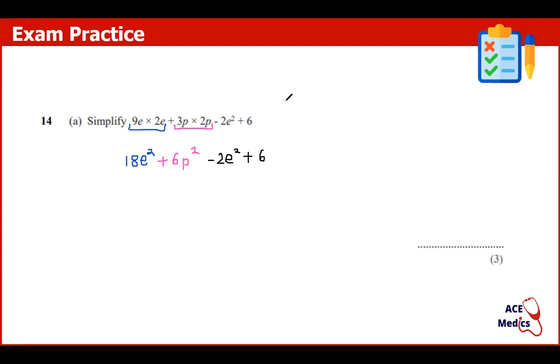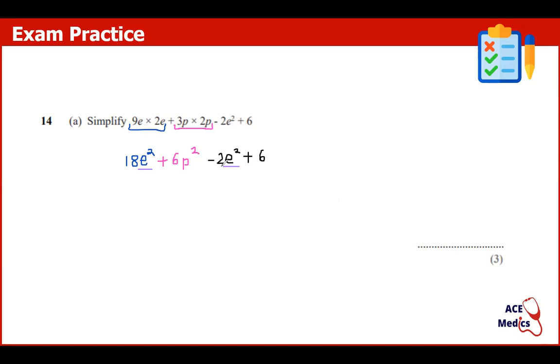Okay, now we want to collect like terms. So we've got, brilliant, fantastic, Lily. So we've got our like terms. So e squared and e squared, they're like terms. p squared, there's no other p squareds in this equation, and then 6, there's no other numbers without any letters. So let's think about our 18e squared and our minus 2e squared.